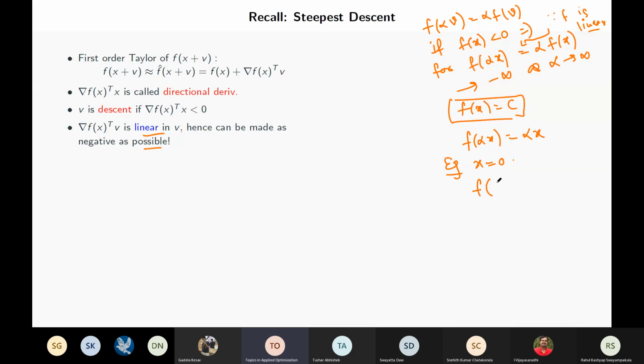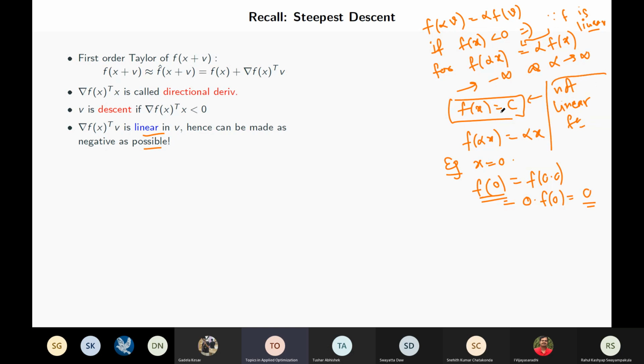Okay, because f of 0 is f of 0 times 0, which is 0 times f of 0, so this will be 0. So a linear function necessarily has to be 0 at 0. Okay, but a constant does not satisfy this. So a constant is not a linear function. Okay, just to be sure.